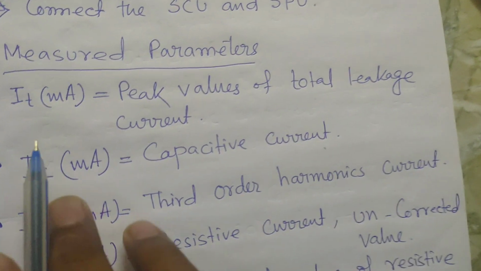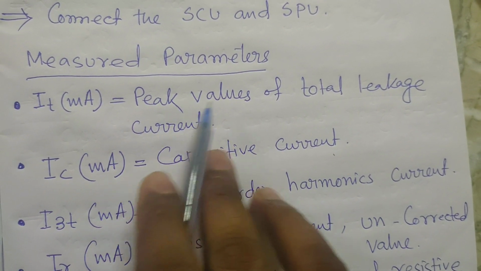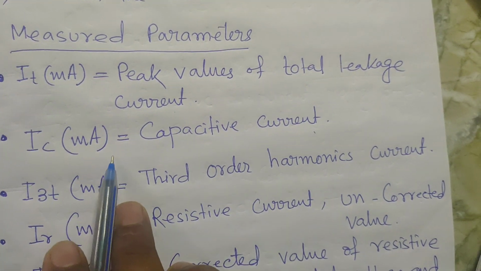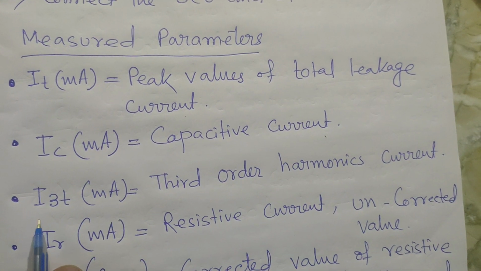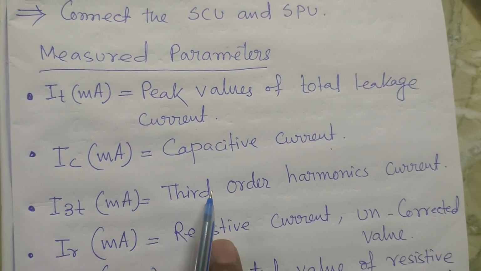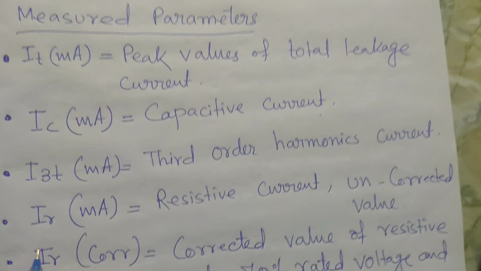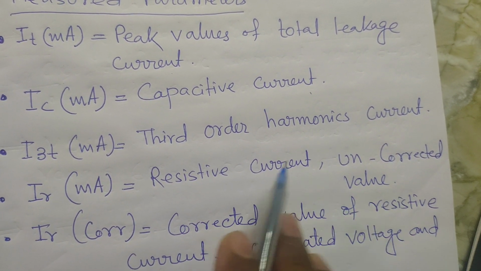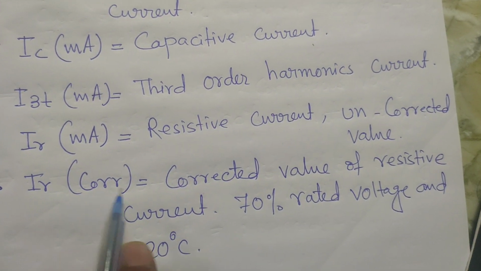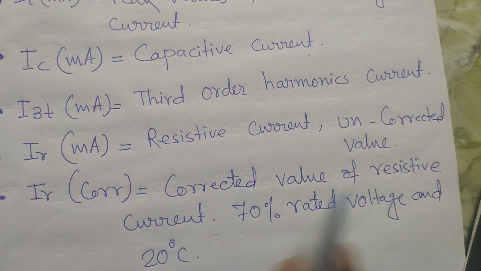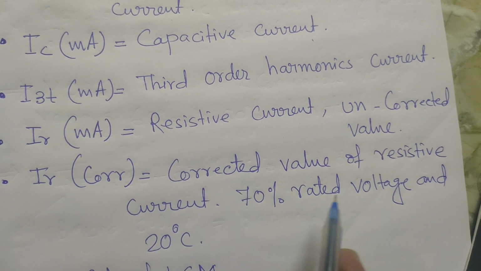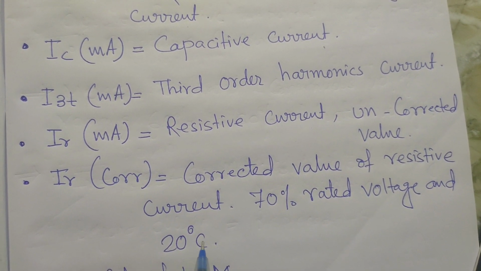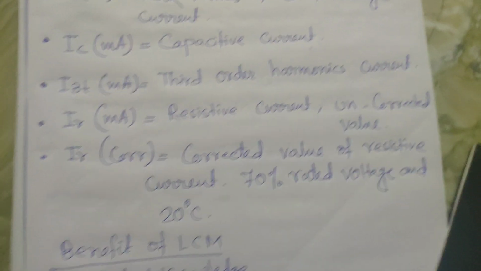IT milliampere, the peak value of total leakage current; IC milliampere, capacitive current; I3T milliampere, third order harmonics current; IR milliampere, resistive current, uncorrected value; and IR corrected, the corrected value of the resistive current at 70% of rated voltage and at 20 degrees Celsius temperature.